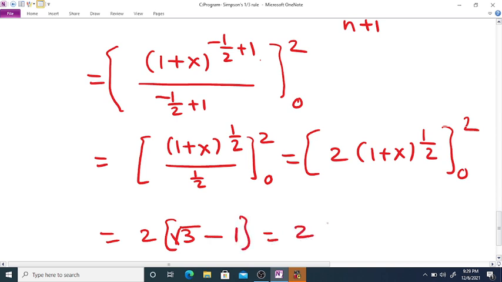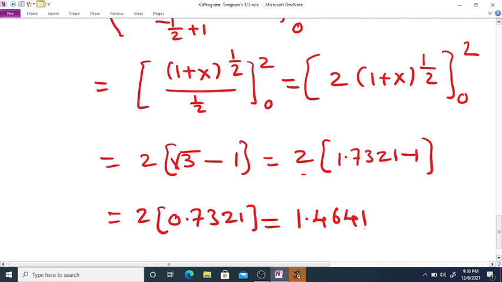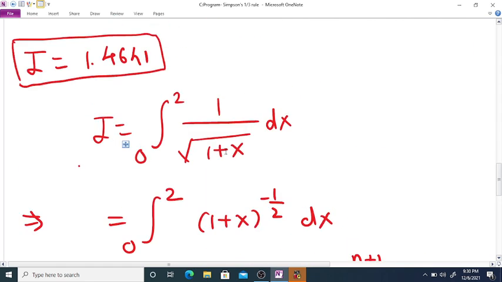So 2 times the square root of 3 minus 1. The square root of 3 is 1.73321... so this is equal to 2 times 0.7321. If you multiply it by 2, it is equal to 1.4641.